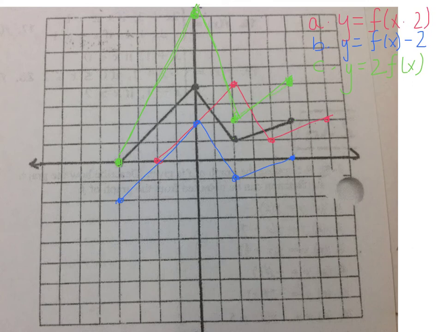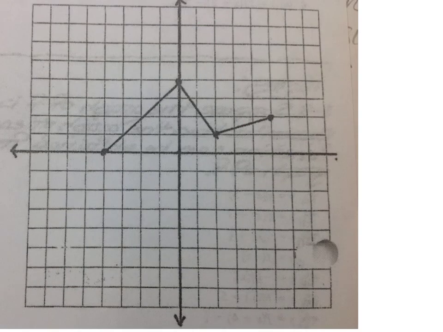I'm going to do the second 3 on the next page. Okay, so now we're on D. Y equals negative f of x plus 3. Okay, this one has 2 things going on. We have a reflection, and the negative is on the outside.